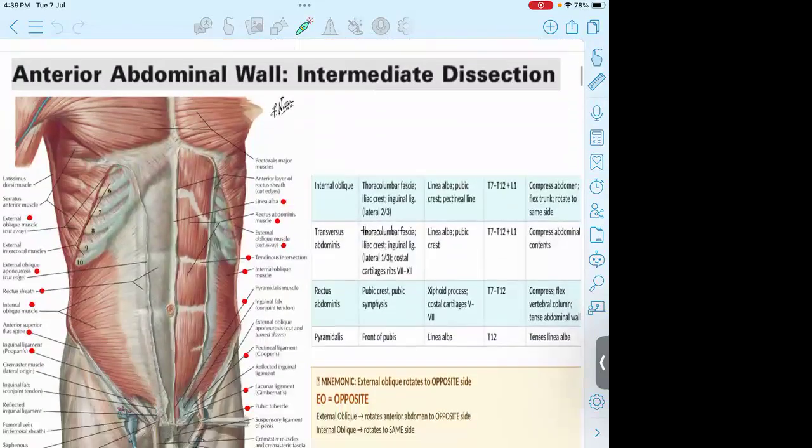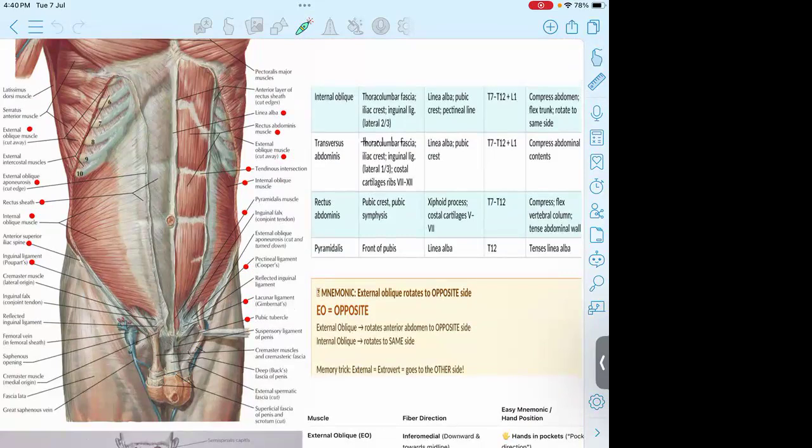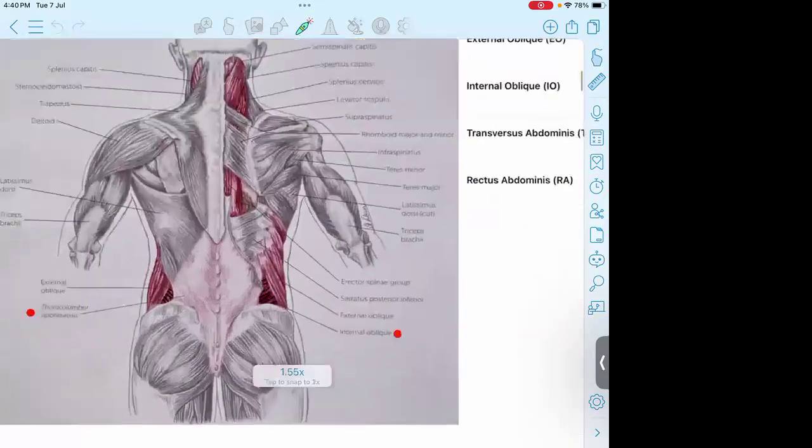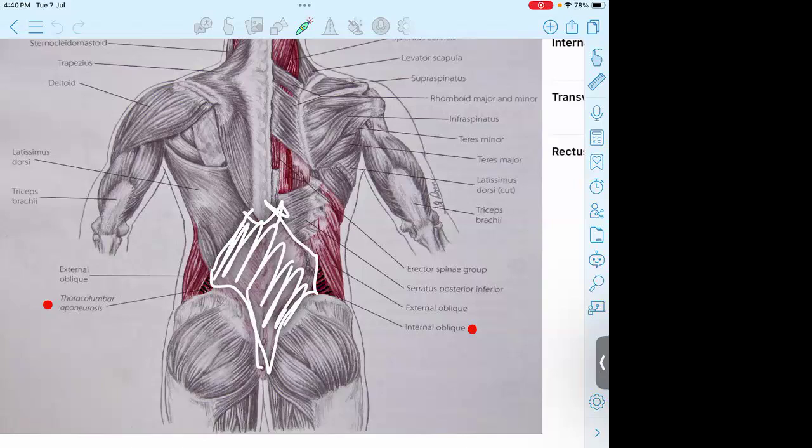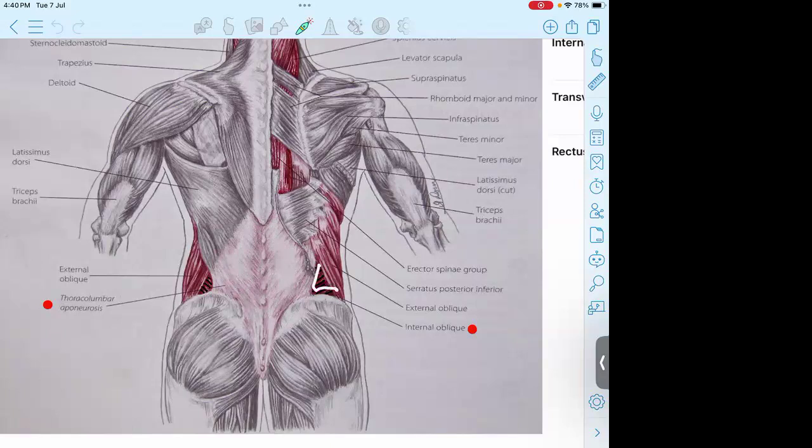Now come to the next muscle, the internal oblique muscle. To know the origin of the internal oblique muscle, you have to know the thoracolumbar fascia. Where is the thoracolumbar fascia? In the posterior part of us, this area is the thoracolumbar fascia. One of the origin points of the internal oblique muscle is from the thoracolumbar fascia.